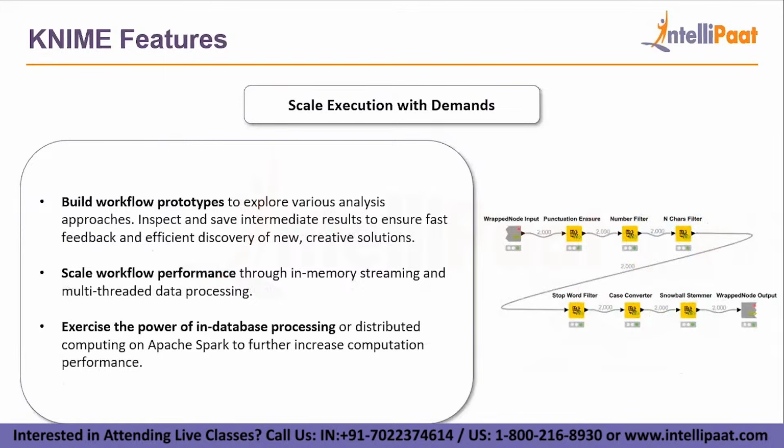One of the most important things we have to consider is that KNIME can scale with respect to the demand. Let's say I have 20,000 records, I'll be able to do it. If I want to increase it, I just have to give the new data to the model. I might not have to build the entire workflow once again from scratch, not at all needed.